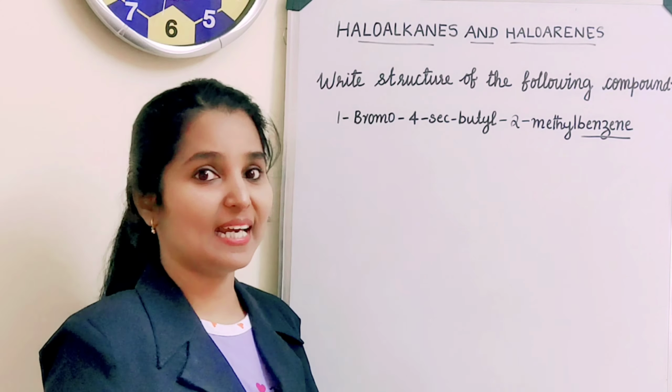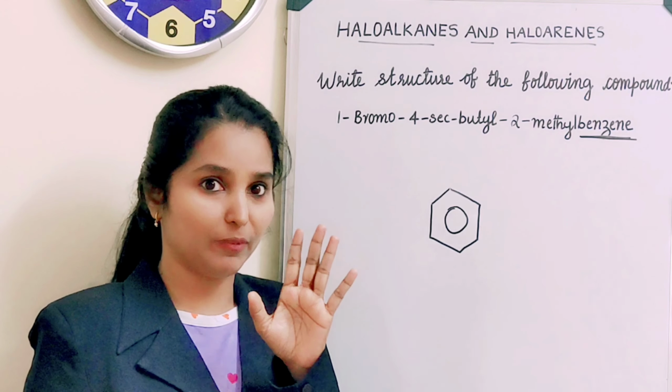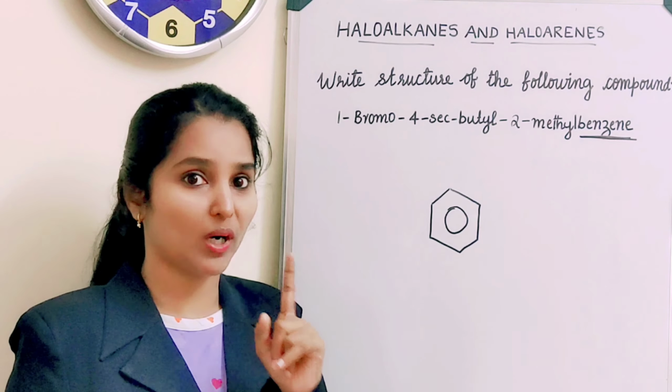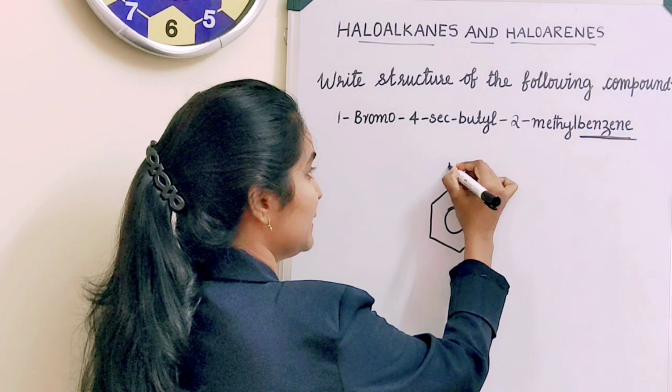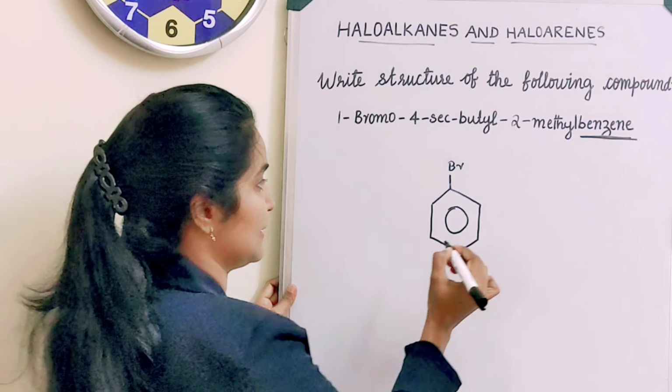Then on the parent chain we have different substituents that we can attach according to the position. And we have 1 bromo at the first position. On carbon 1 we have a bromine. So let's assign this as carbon 1. I have written this bromine. Okay, that is set.